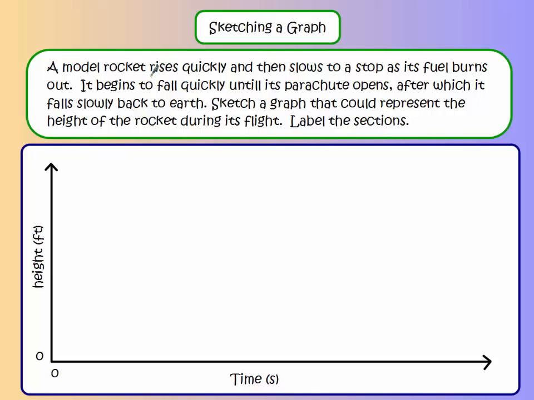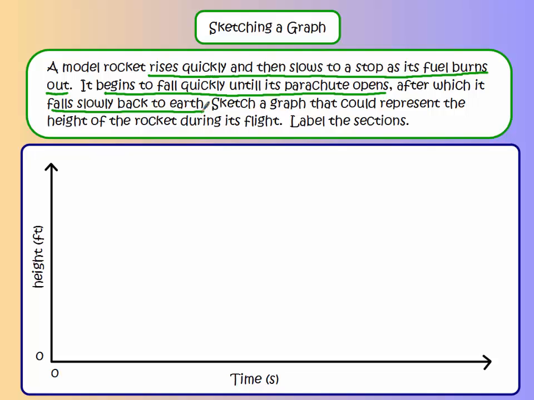The first thing we want to notice is that it rises quickly and then slows to a stop as its fuel burns out. So this rocket's going to launch up in the air and start to slow down, and then it's going to begin to fall quickly until its parachute opens. Once its parachute opens, it's going to fall slowly all the way back down to Earth.